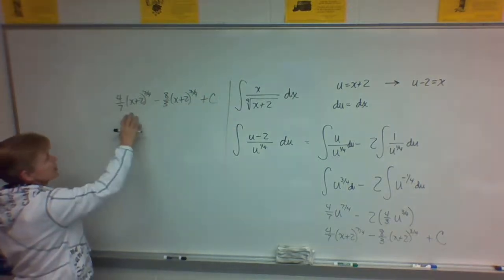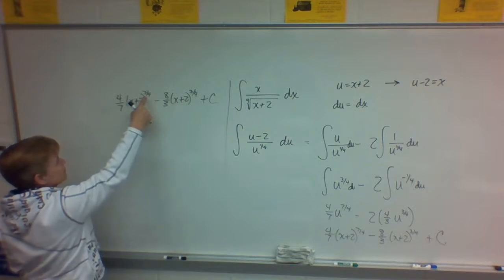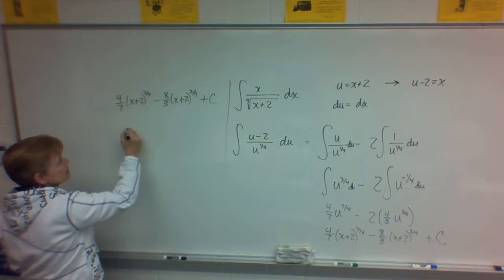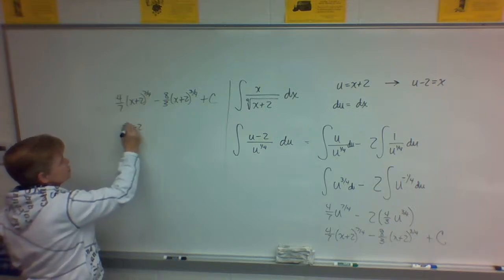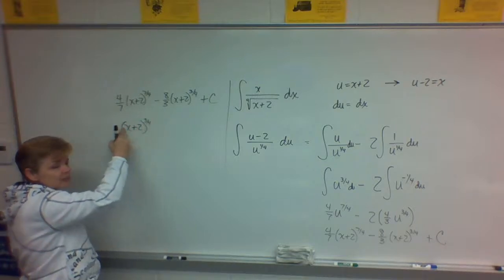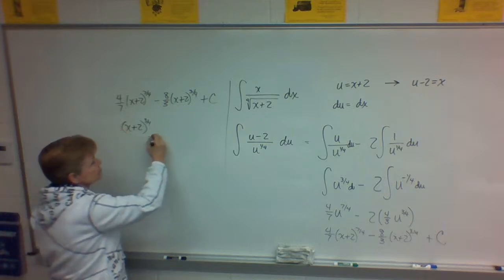If I derive this term right here, what's the first thing? We multiply this times this, which is 1. So (x plus 2) to the 3/4 times the derivative of the inside, which is 1, but don't forget that.